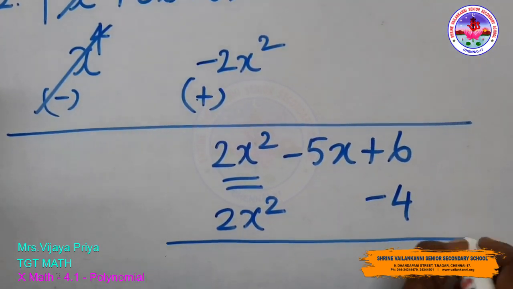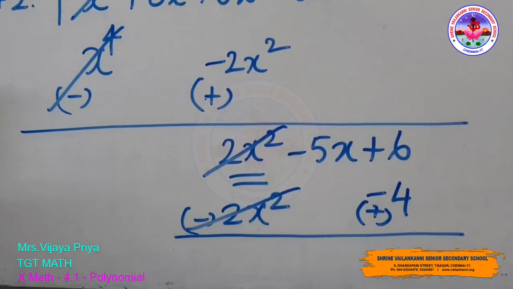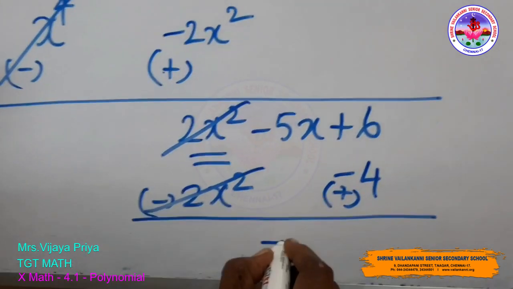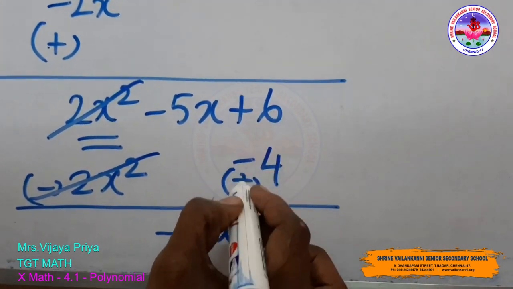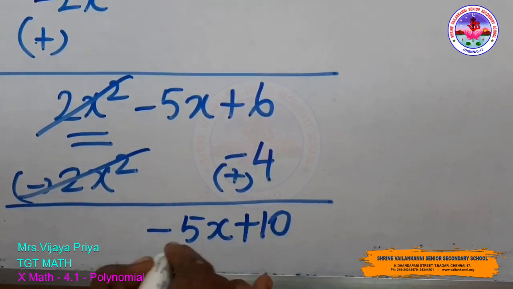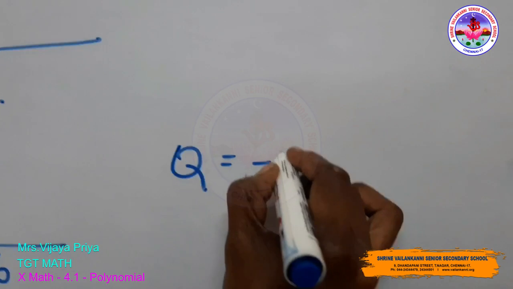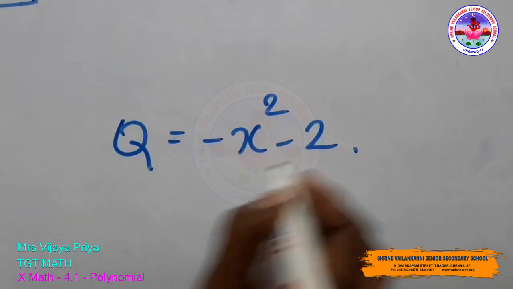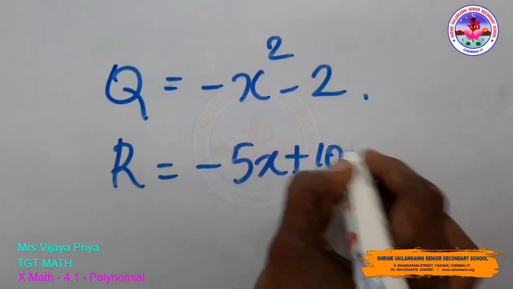So now changing the sign of the expression, plus 2x squared minus 2x squared gets cancelled. So I will get minus 5x, and plus 6 plus 4 becomes plus 10, which is my remainder. So the quotient is minus x squared minus 2 and the remainder is equal to minus 5x plus 10.